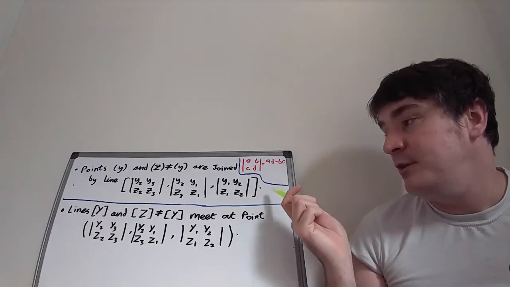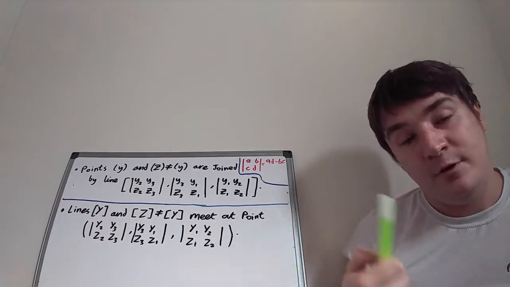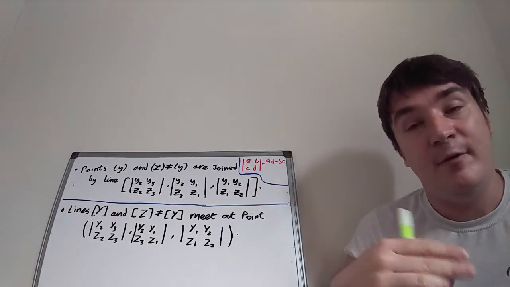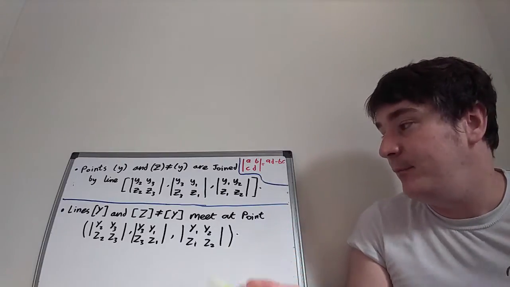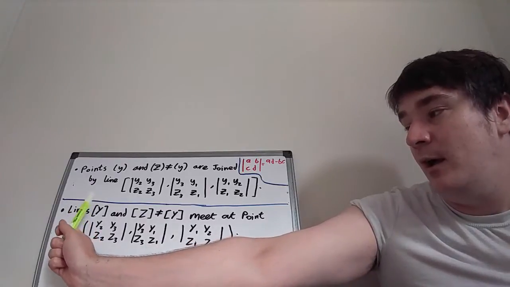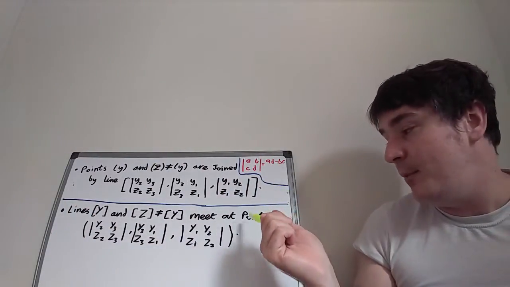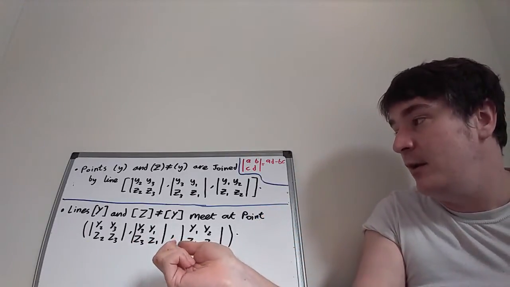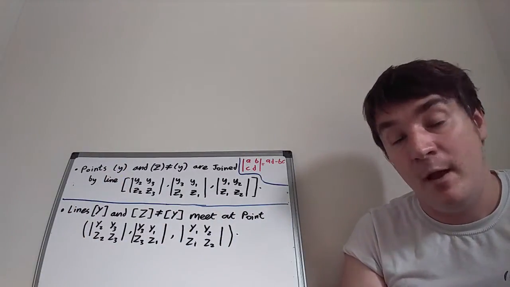And once we've established this, we then get the dual results. Pretty much we just get it by the same reasoning, because points and lines basically are logically equivalent objects. So by similar reasoning we get that lines y and z, which are distinct, meet at a point, and the point basically has a very similar description to this line up here in terms of determinants.